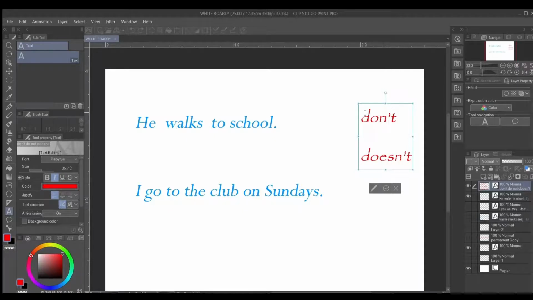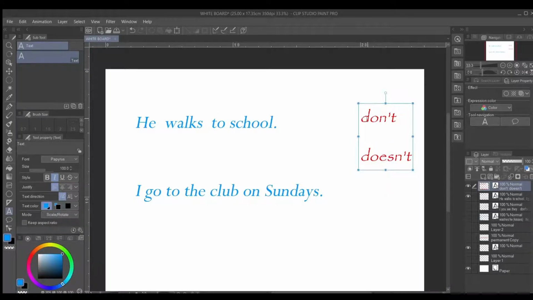Which one can go for I, you, we, and they? And which one can go with he, she, and it? Of course, the one with the ES should be for he, she, and it. While the one with the base verb, without an S, in the infinitive plus not goes for I, you, we, and they.